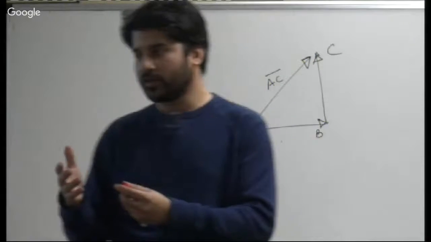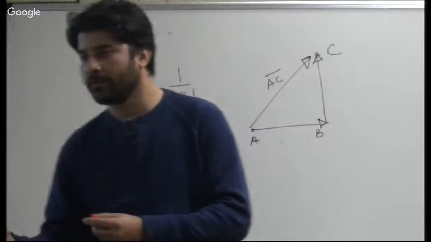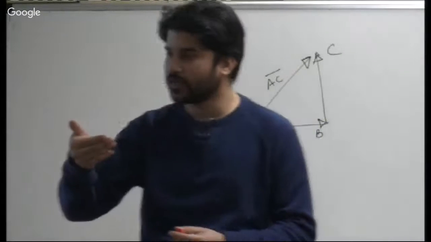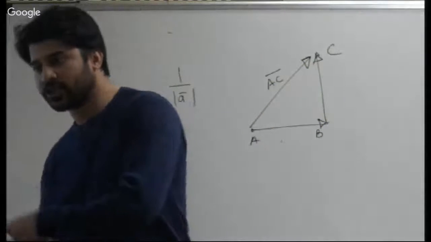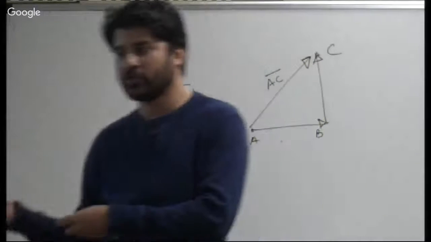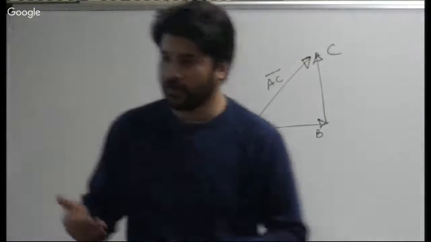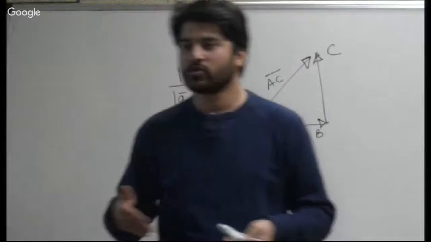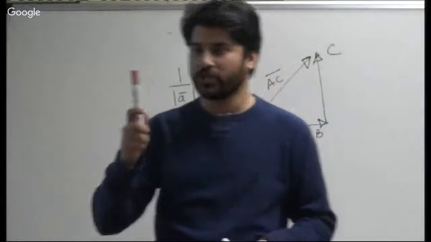Then we understood that cos alpha is the x component upon the mod. Similarly we got cos beta and cos gamma, because these were nothing but the projections. The length, breadth, and height were nothing but the projections of that body diagonal, right? And then we also learned that cos square alpha plus cos square beta plus cos square gamma is 1. We also understood what we mean by projection on a plane.